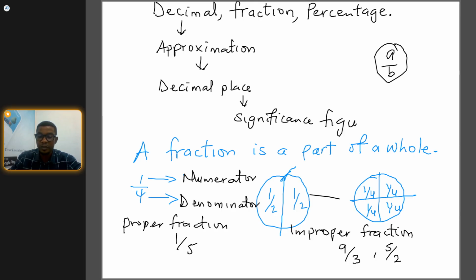If you get this part, please thumbs up in the chat box so that we can proceed. Also, may I rub the board if you are done with what we have on the screen?